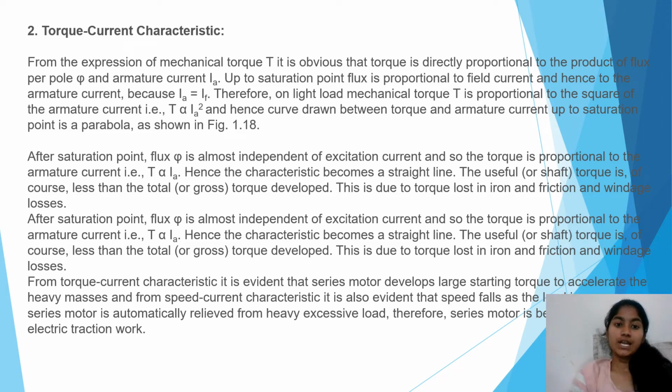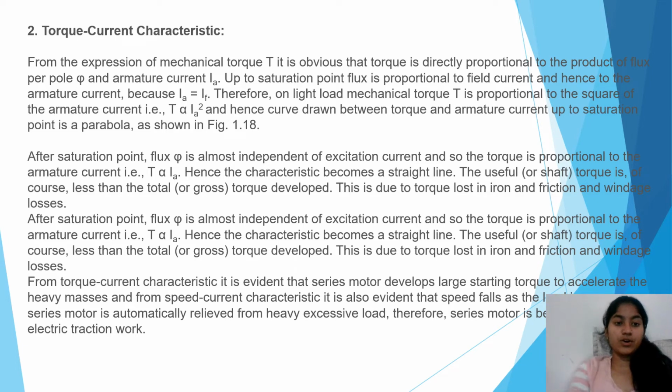Therefore, from light load, mechanical torque T is proportional to the square of the armature current. That is, T is directly proportional to Ia squared, and hence the curve drawn between torque and armature current up to the saturation point is a parabola, as shown in figure 1.18 in the previous slides.